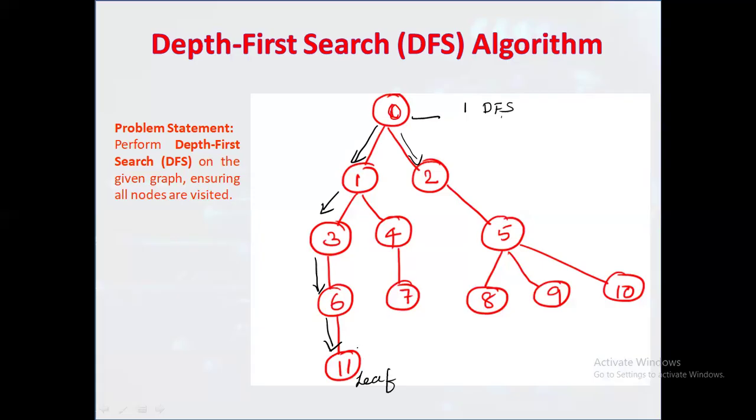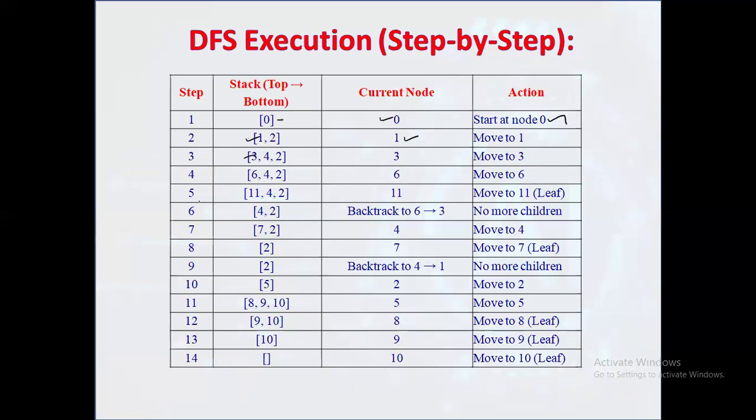The algorithm moves to node 11 and records it as a leaf node. We have to mark this in the graph. The action is move to 11. This is the leaf node, the current node is 11, and the stack 11, 4, 2 will be available.